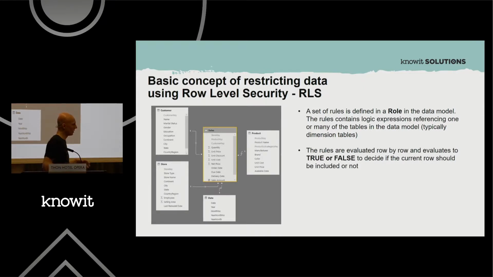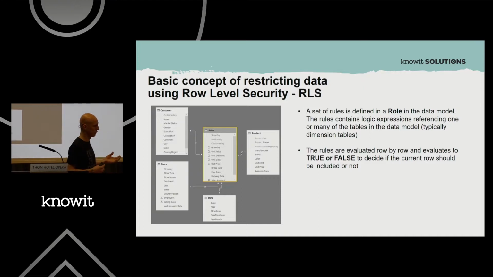So all these rules will evaluate to either true or false, which will decide if that particular row of data should be allowed in the data model or not, or should be visible for the user because it's already in the data model.